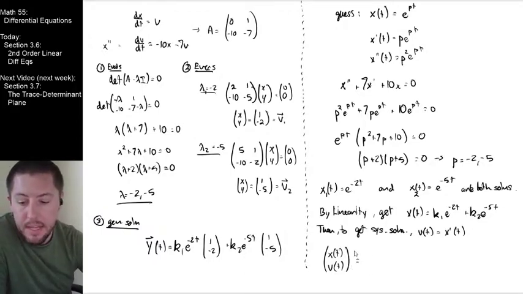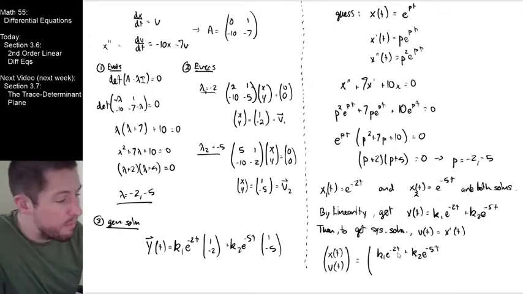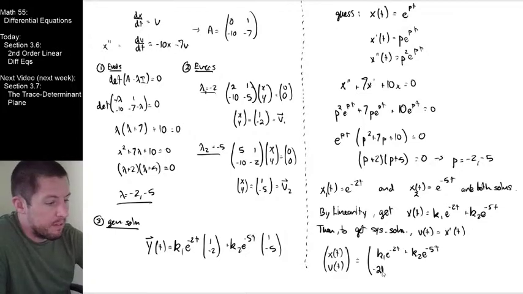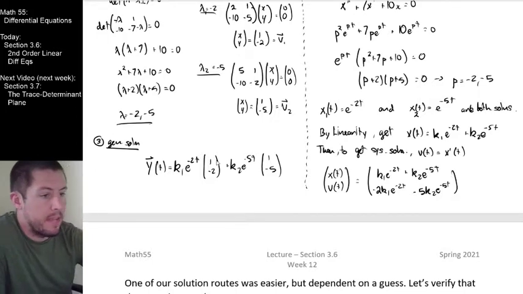So our x solution is just exactly what we wrote, k1 e to the -2t plus k2 e to the -5t. And if I take a derivative, I'm going to get -2k1 e to the -2t minus 5k2 e to the -5t. And we can relatively easily see that this is the same as this guy over here.